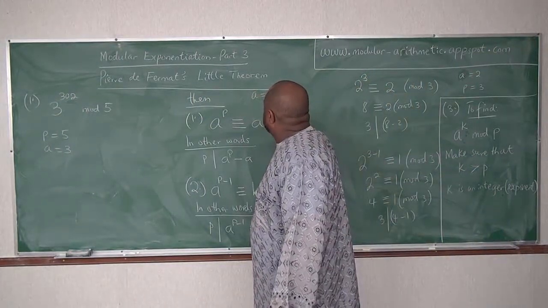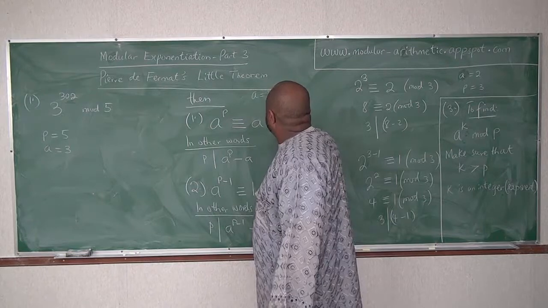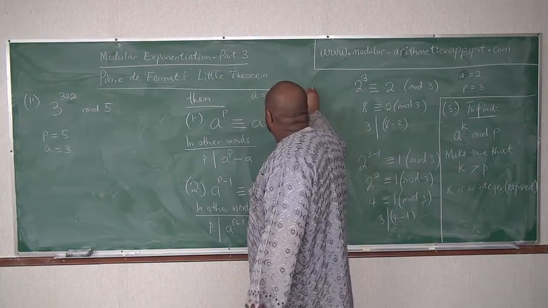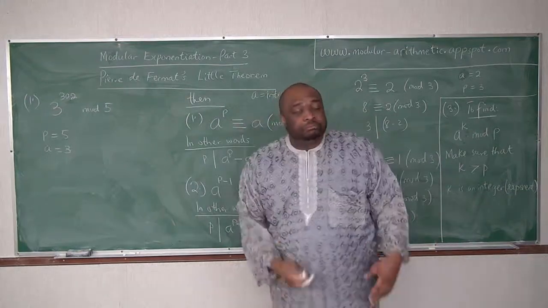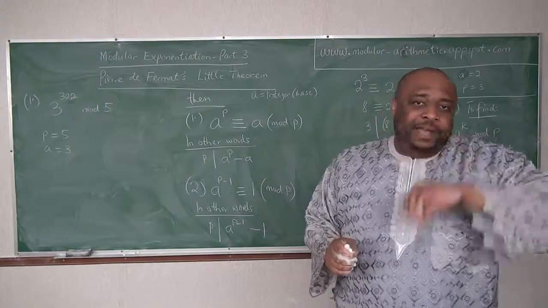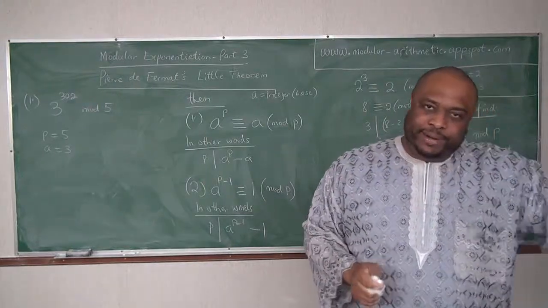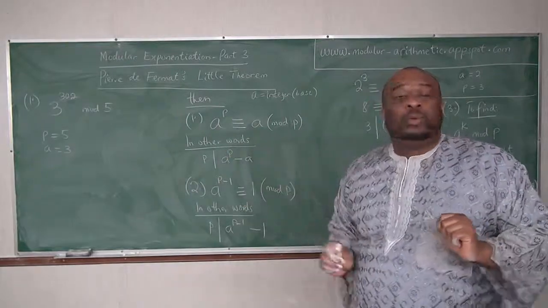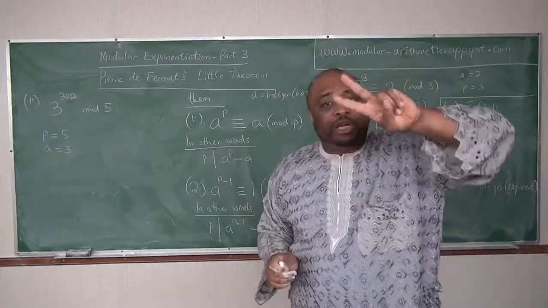You can call it integer or base. So, is 5 a prime number? Yes. Can 5 divide the base, the 3? No, it cannot. Therefore, this will work. These are the two conditions.